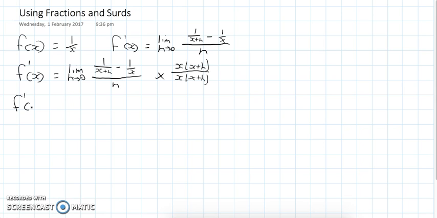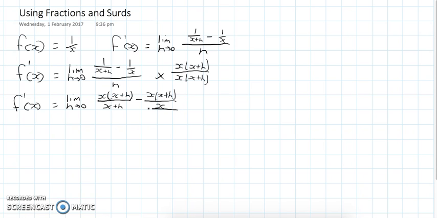F dash x, and limit as h tends towards 0, we're going to have x plus h divided by x plus h, take away x plus h over x.